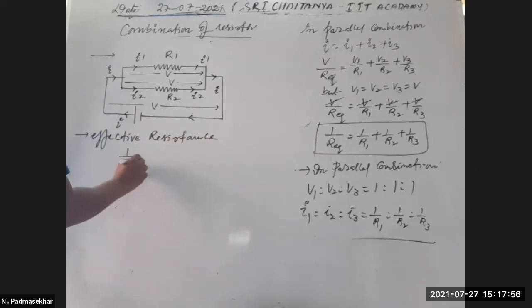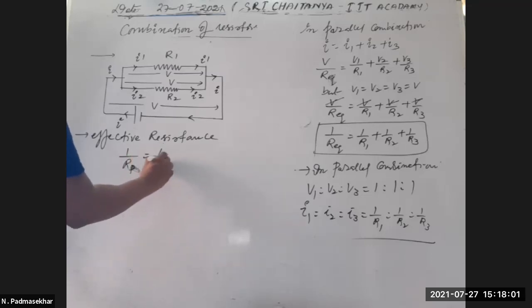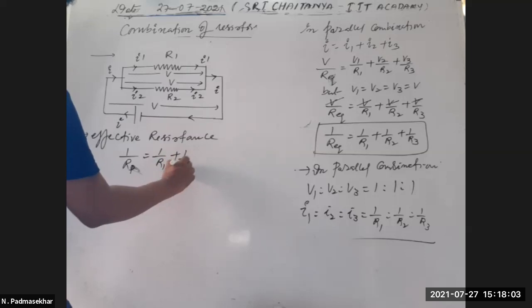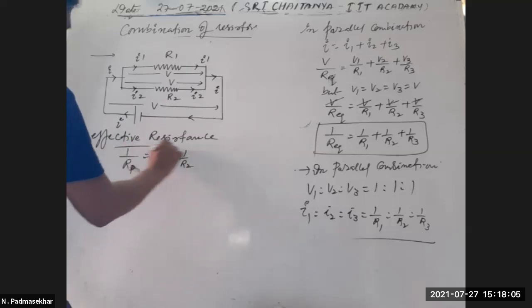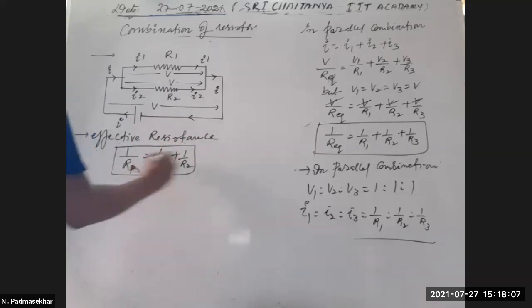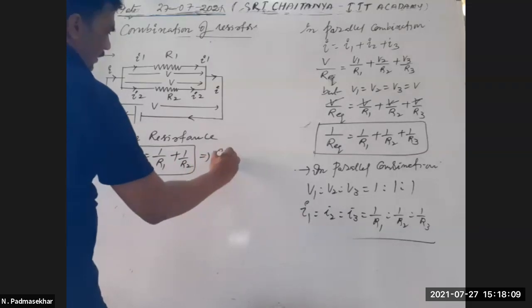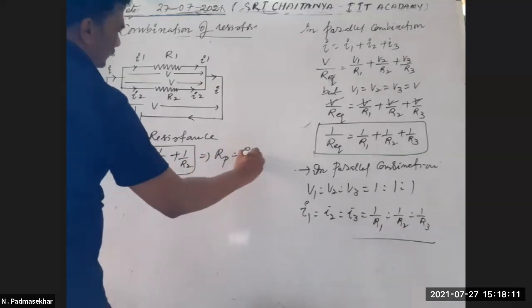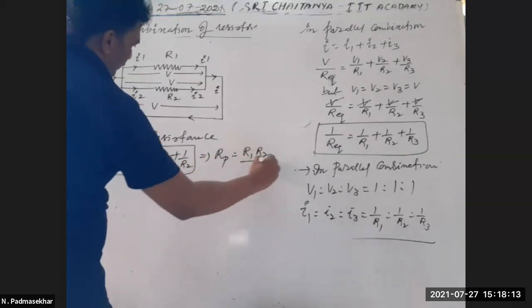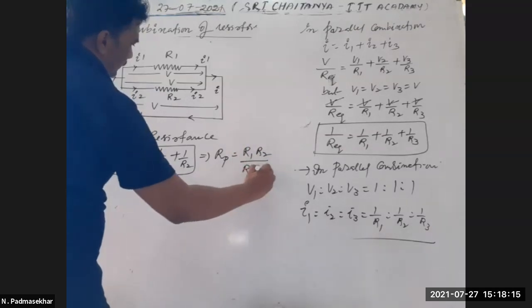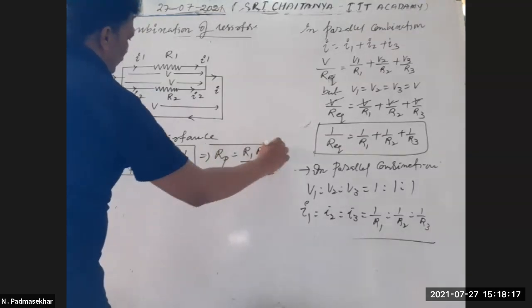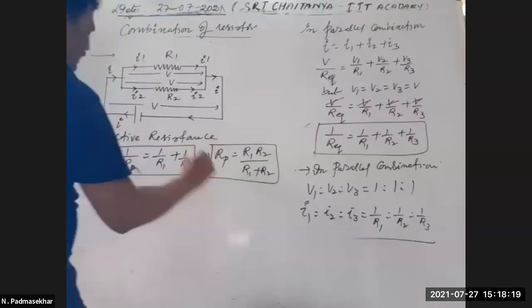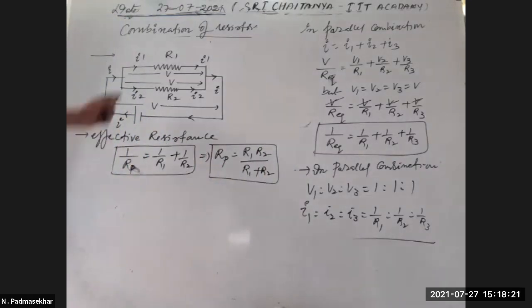So 1 by R effective means 1 by RP, which means here we can write that RP is equal to R1 R2 by R1 plus R2. So potential remains constant.